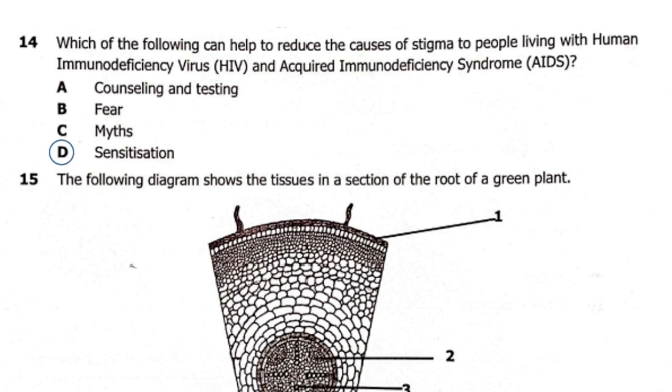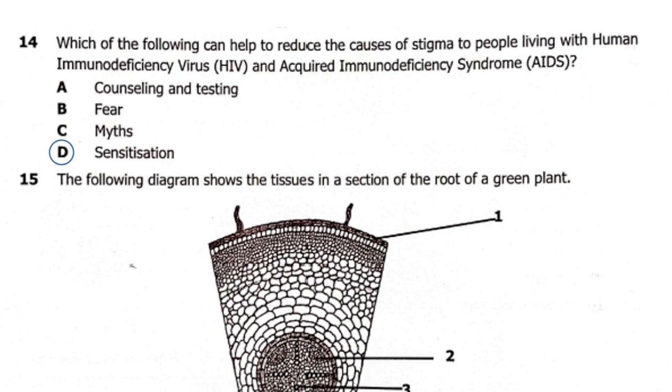The correct answer here is D. Sensitizing the community about the true way in which HIV and AIDS can be transmitted will help to reduce the fear and myths surrounding HIV and AIDS. Counseling and testing is where we enable people to know their status. So that's why the correct answer here is D.